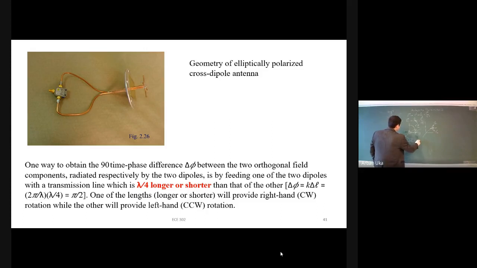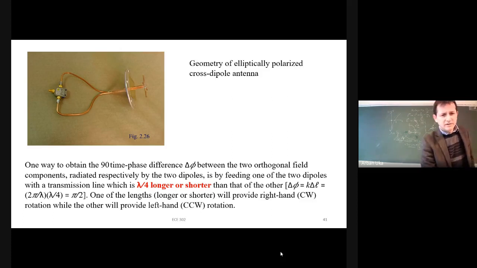So this is 0.3 meters, so apparently this is 30 centimeters. So with a wavelength of 30 centimeters, this means that we have to make antenna circuit components which are shorter or longer by an order of 7.5 centimeters.